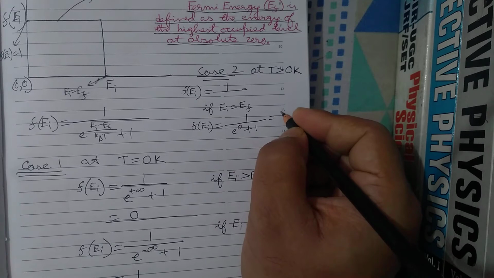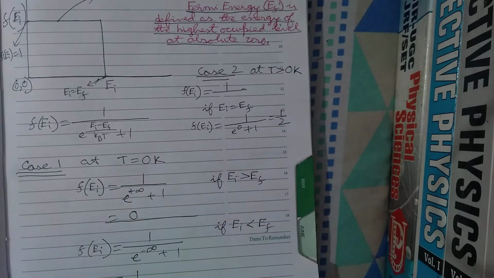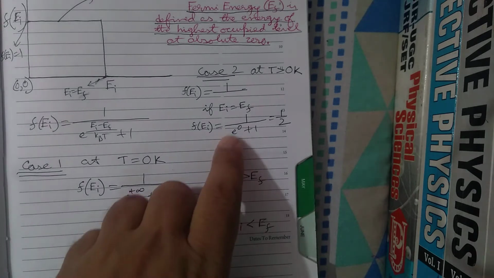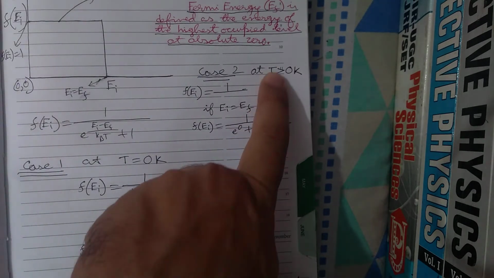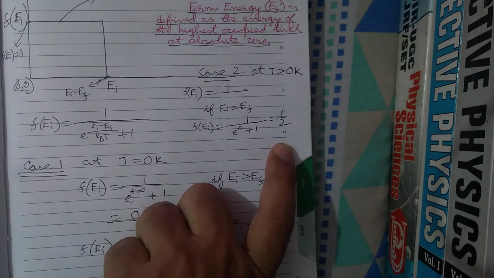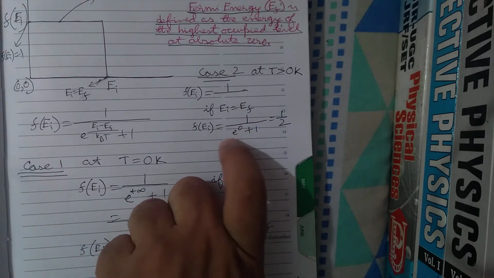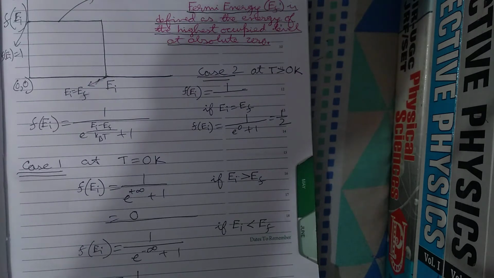So e to the power 0 is 1, and 1 by 1 plus 1 is 2. So when T is greater than 0 Kelvin, if Ei is equal to EF, then F(Ei) equals half.